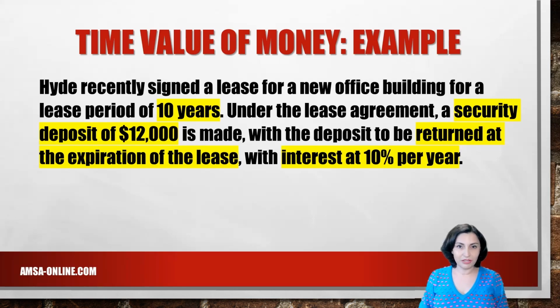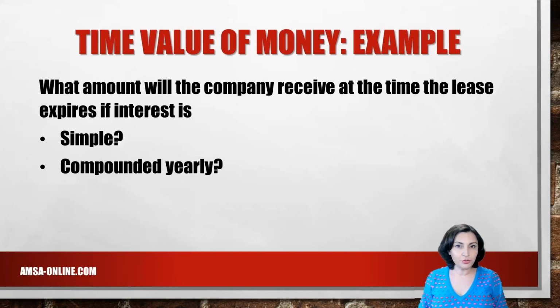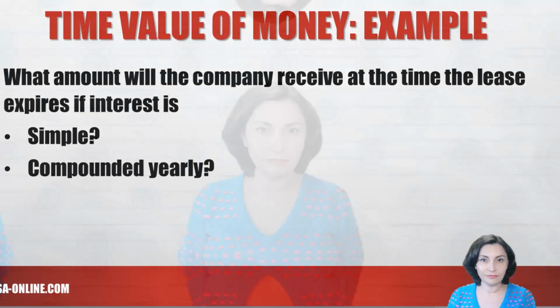Under the lease agreement, a security deposit of $12,000 is made, with the deposit to be returned at the expiration of the lease, with the interest at 10% per year. In the future value of a single sum video, the interest was compounded yearly. Let's also look at a single interest scenario and compare the future values and interest earned under these two scenarios.